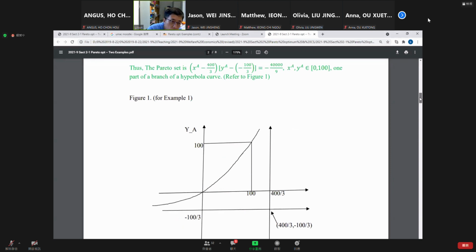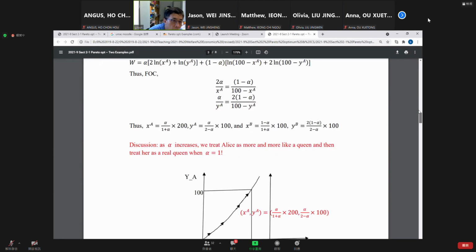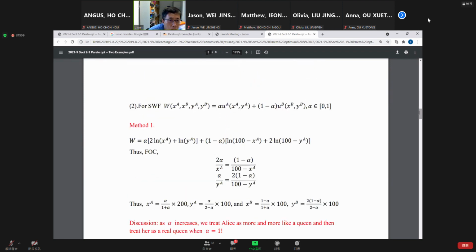And then for a given social welfare function defined by the value for alpha, alpha measures relatively how much we care about Alice compared to Bob. If alpha is a bigger number, that means we care more about Alice.